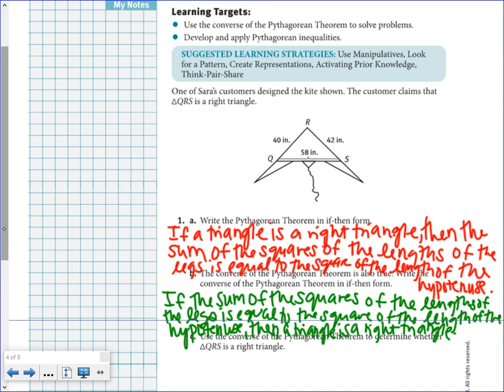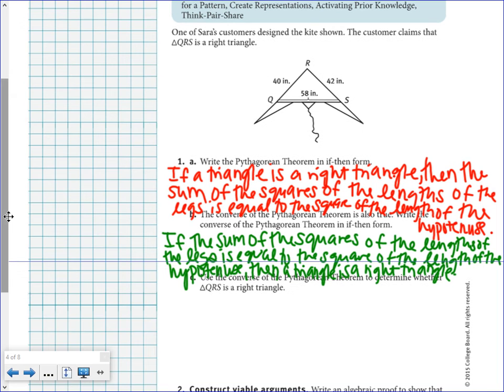So, part C, we're going to use the converse of the Pythagorean theorem to determine, do we have a right triangle? So if you look, our A and our B are the 40 and the 42, because those are the smaller sides. The 58 is our C. If we have a right triangle, it's going to have to be the hypotenuse, because it's the longest side.